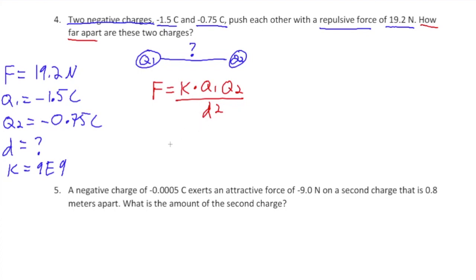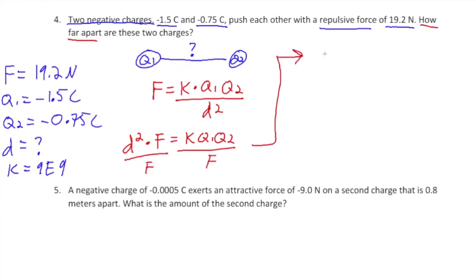So we're solving for D, so let's get D by itself. I'm going to multiply D squared over to the other side. That gives me D squared times F is equal to K Q1 Q2. Next, I'm going to divide by F, so I get D by itself.